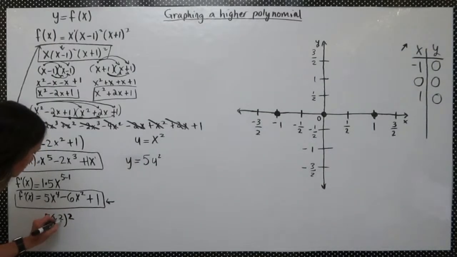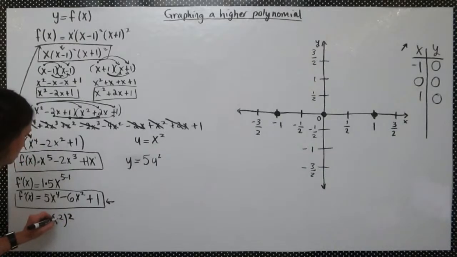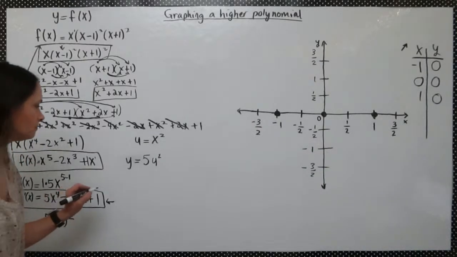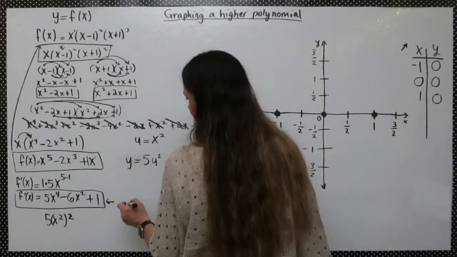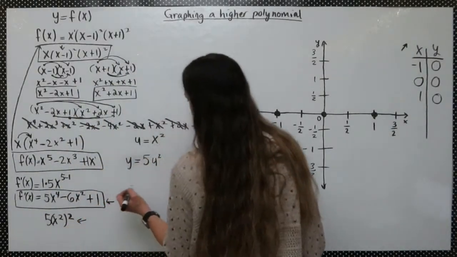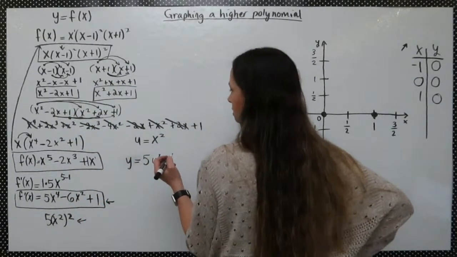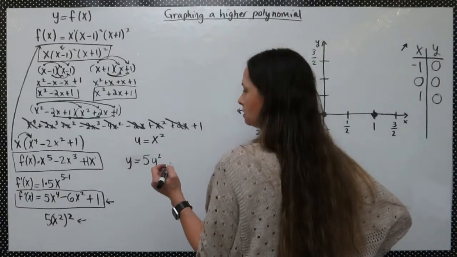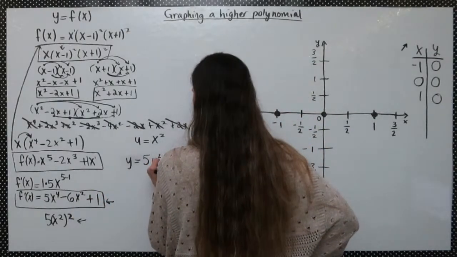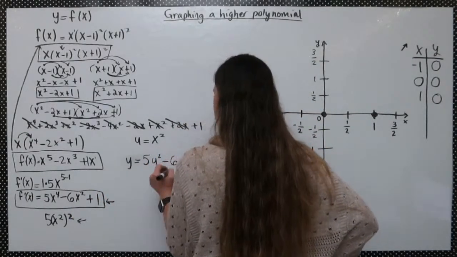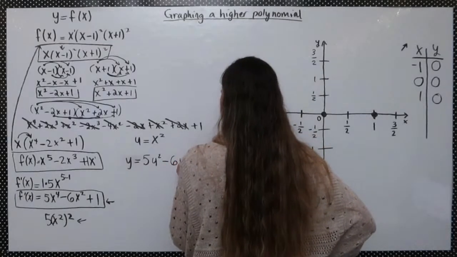That's why 2 times 2 is 4. So that becomes u squared. And then this one's going to be minus 6u. And then that'll be plus 1.